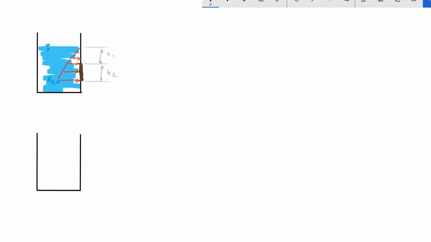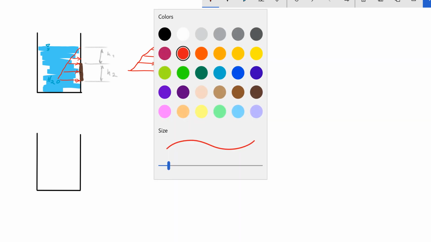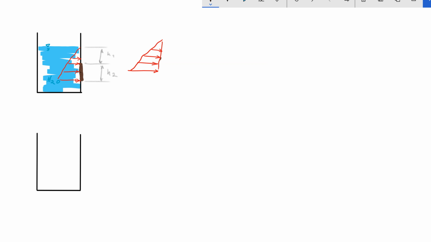So if I draw again here, it is going to be something like this. But I'm just interested in this piece with height H2.